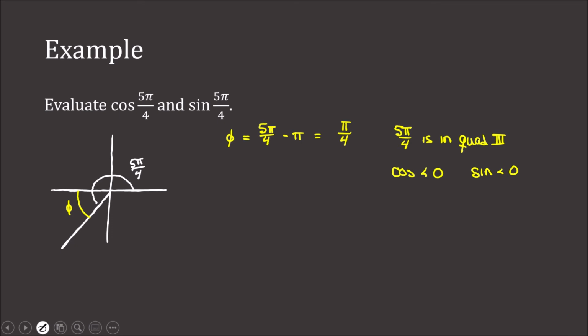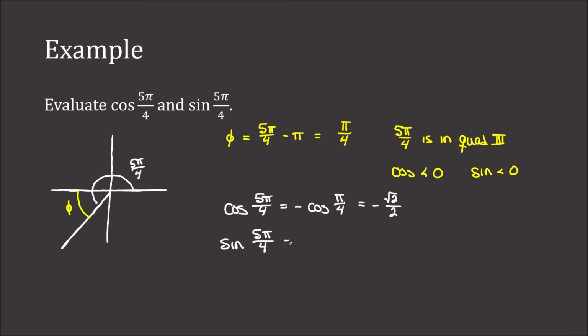So doing this, we find that cosine of 5 pi over 4 is equal to negative cosine of pi over 4. And that we found was root 2 over 2. So cosine of 5 pi over 4 is negative root 2 over 2. Sine of 5 pi over 4 would be negative sine of pi over 4. And again, sine of pi over 4 was the square root of 2 over 2. So sine of 5 pi over 4 is negative square root of 2 over 2.